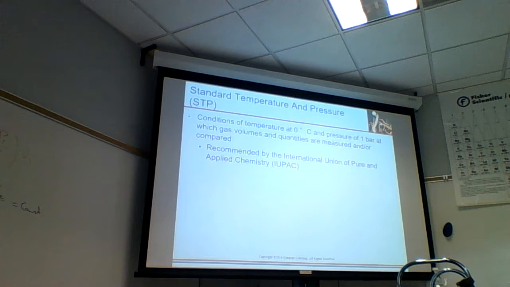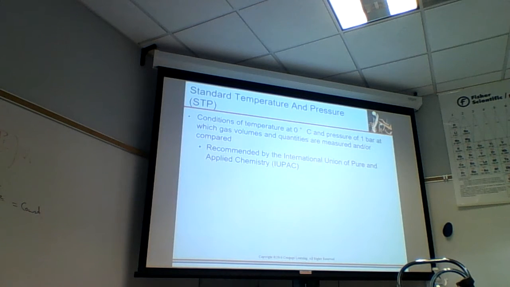All right, now we're going to go to some more jargon, some more vocabulary. When we're working with gases, there's something called STP. STP stands for standard temperature and pressure. Standard temperature for a gas is 0 degrees C, and standard pressure is 1 bar.